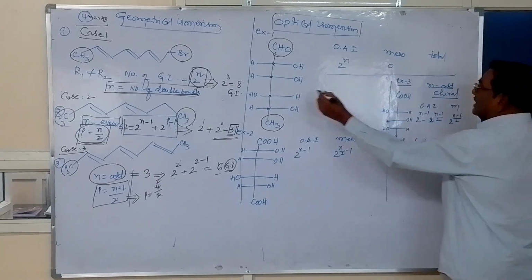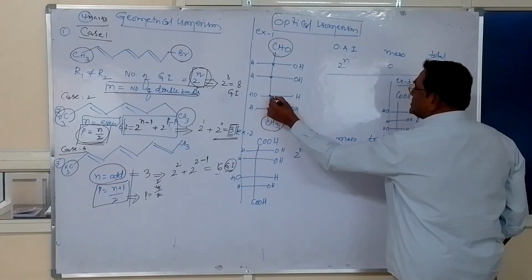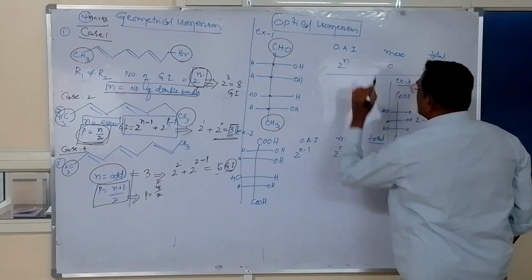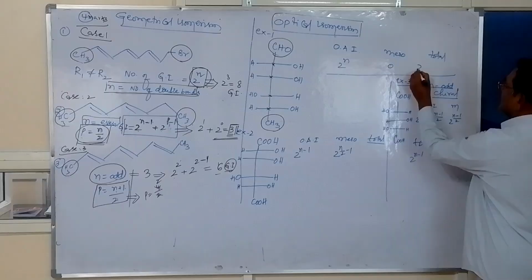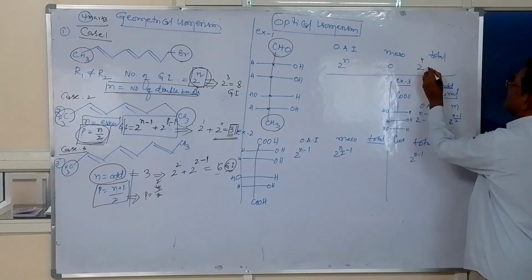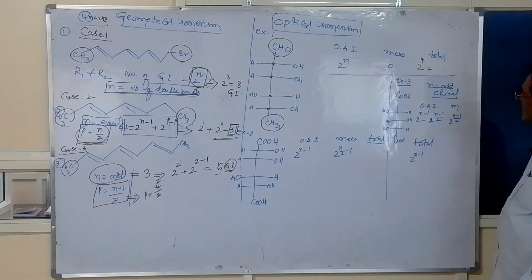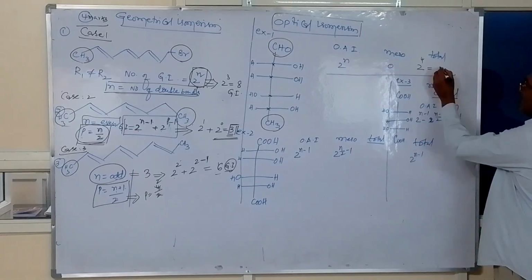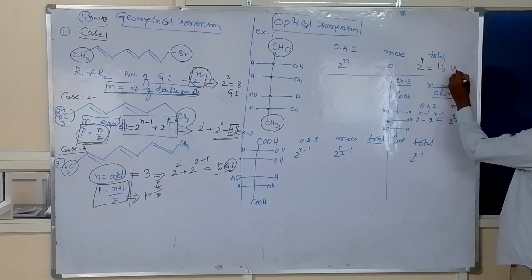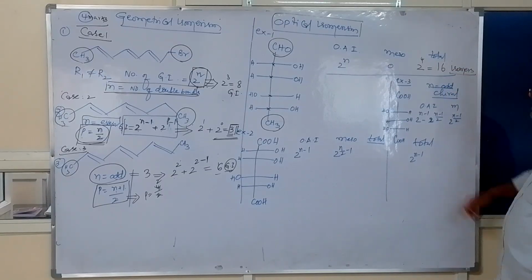Here, how many chiral centers are possible? 2, 3, 4. So the total number of isomers is 2 to the power 4, so overall 16 isomers are possible.